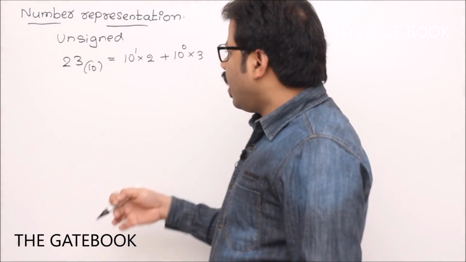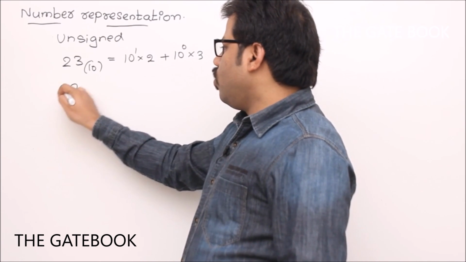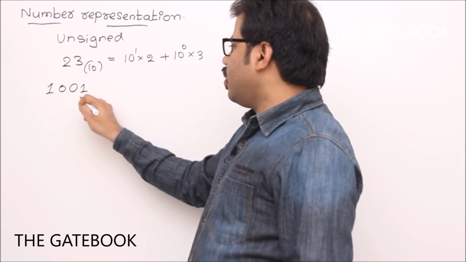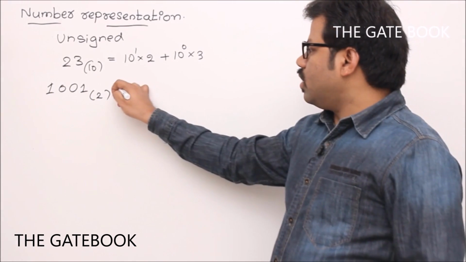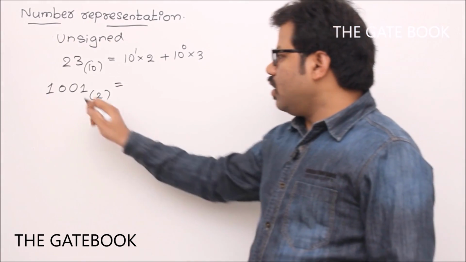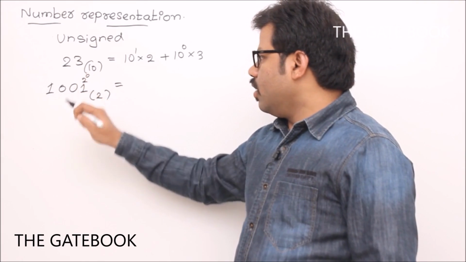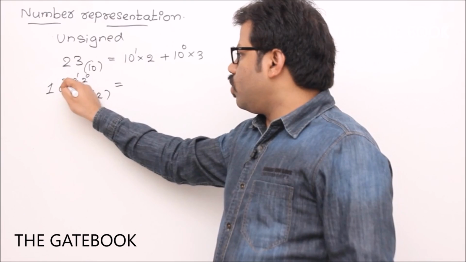Similarly, we can write a binary format. Example, let's say 001001, base 2. This is a binary format, right? So what is the equivalent decimal value for that? If you want the conversion, we have to give the weightages. Every number system is a weighted model: 2 power 0, 2 power 1, 2 square, 2 cube.